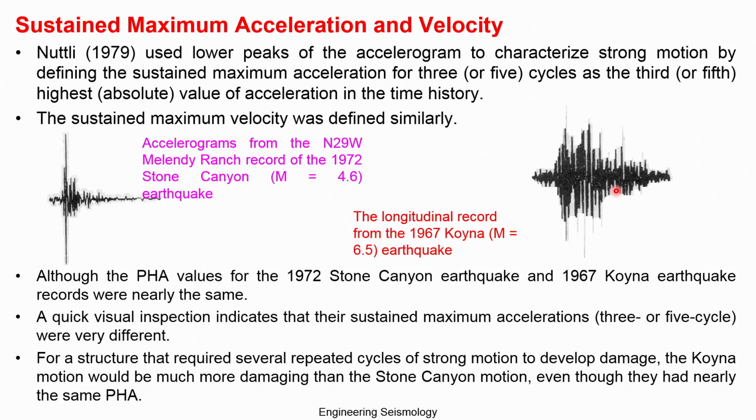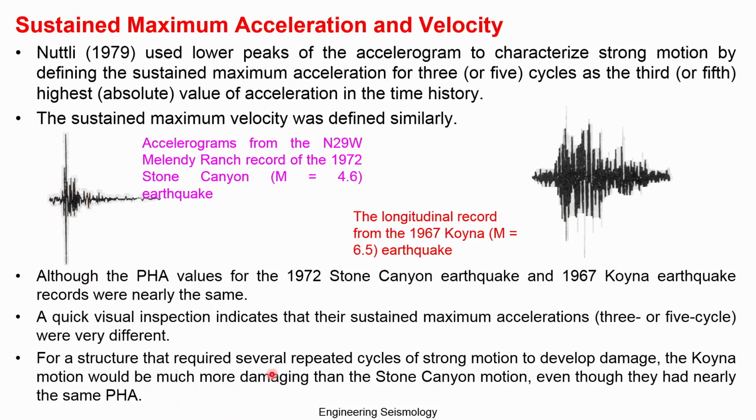Although PHA values for the 1972 Stone Canyon earthquake and 1962 Koina earthquake records are nearly the same, a quick visual inspection indicates that their sustained maximum acceleration for 3 or 5 cycles were very different for these two. That is what you can see. You will have this one with very high sustained acceleration, and this will have very low sustained acceleration.